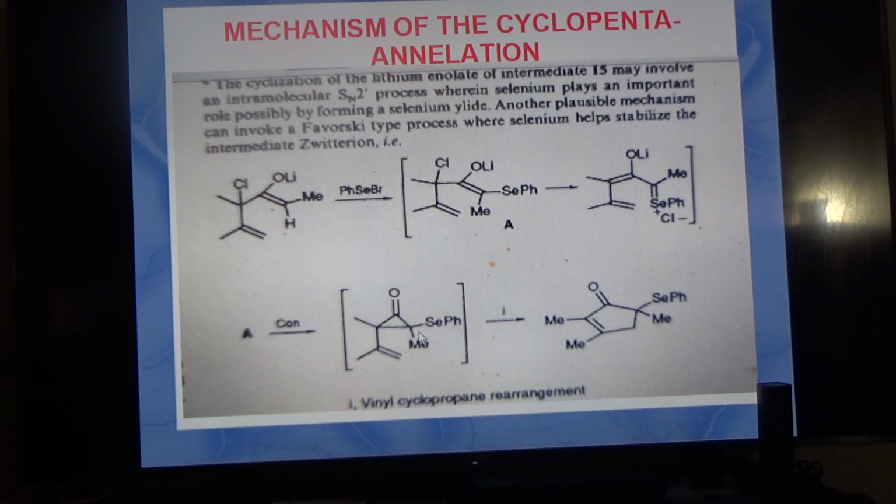Whether it goes through the vinyl cyclopropanone rearrangement or directly, both give the same product. The vinyl cyclopropane rearrangement is well known, and even the ylide reactions are known. But in this case, since nobody has done an SN2 prime to generate cyclopentanone, we have to do further study to establish the actual reaction pathway.